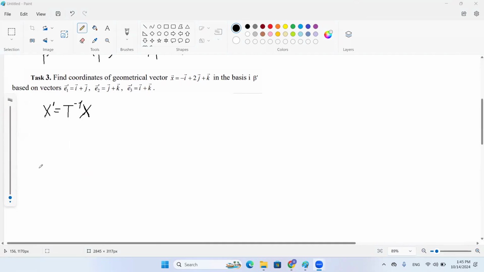If it equals 0, we cannot inverse it. So we need to find whether the determinant isn't 0, and after this we find cofactors and the inverse matrix.